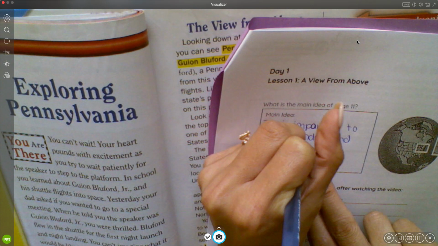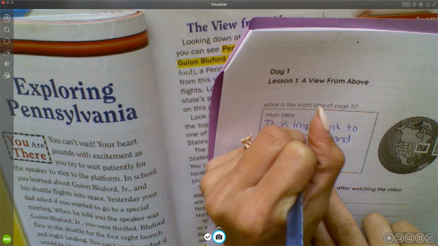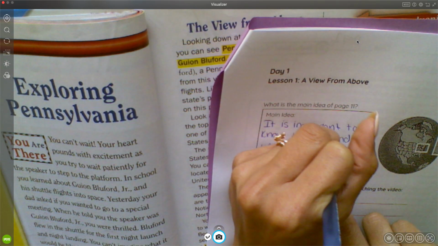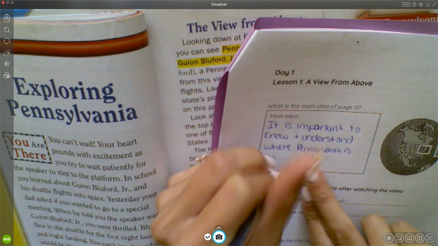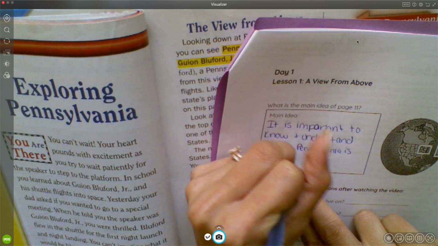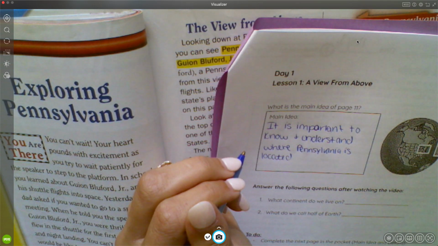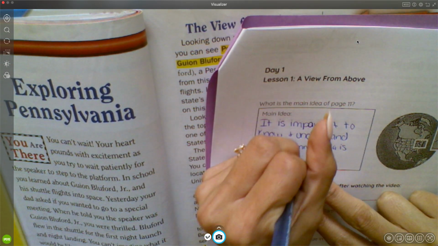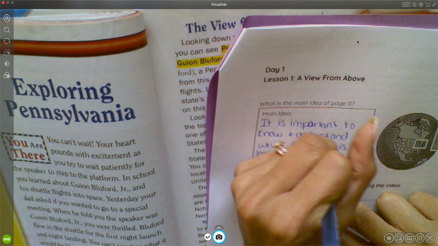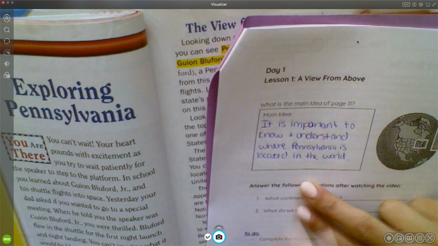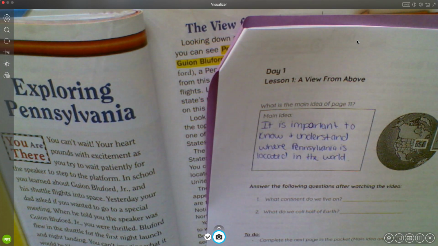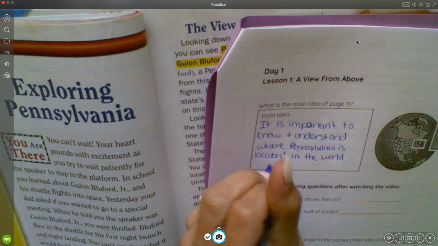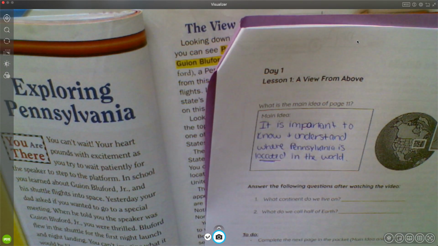I spelled important wrong. It's an O. We're going to write out the word Pennsylvania, and you're going to be writing neatly. It is important to know and understand where Pennsylvania is located. And maybe we can add in the world, because we learned about a couple different spots about where it's located: on Earth, in the country, in the continent. So just in general, it's all about its location.